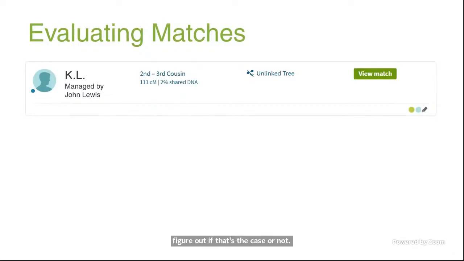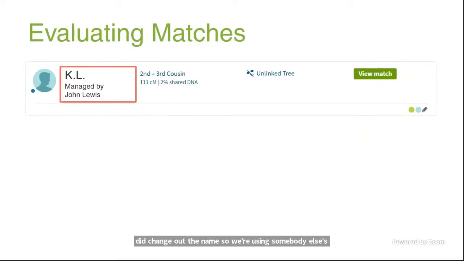So as you evaluate a match, and here's an example. This is a real example from my own research, except I did change out the name, so we're using somebody else's name. But the first thing we want to do is pay attention to that name. When the match has initials, oftentimes that's because the kit is being managed by somebody else.